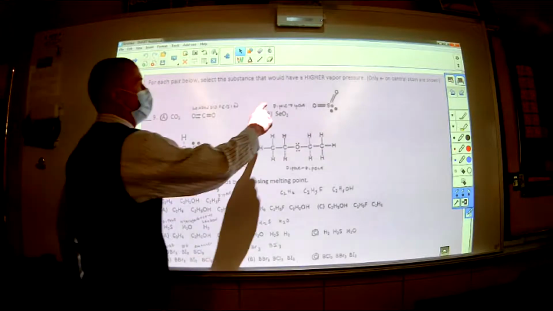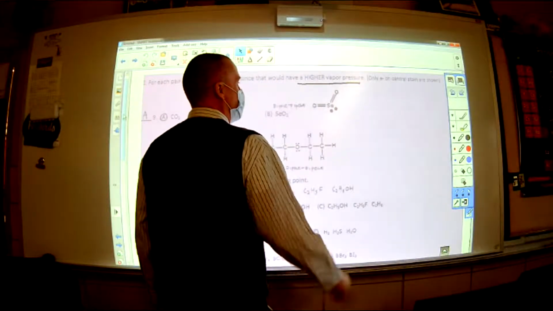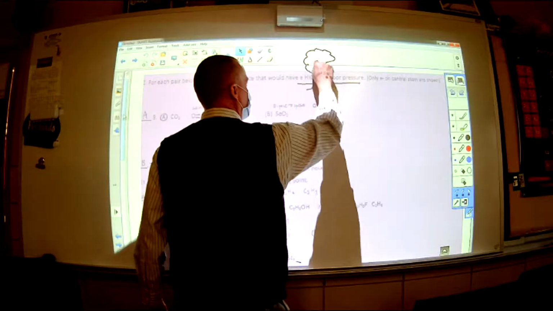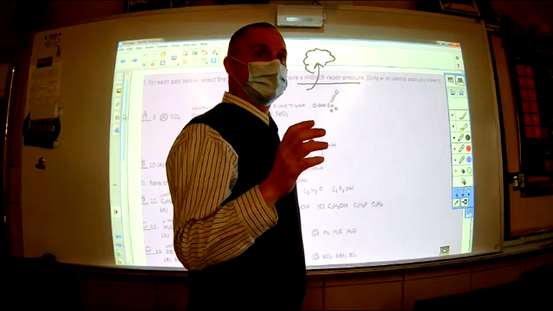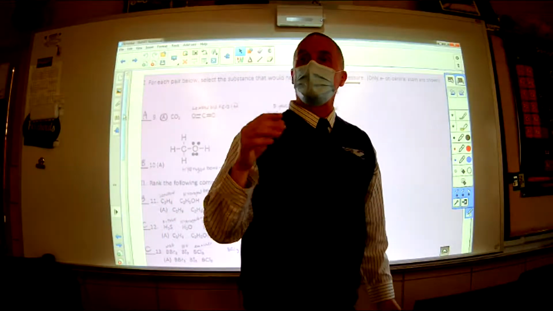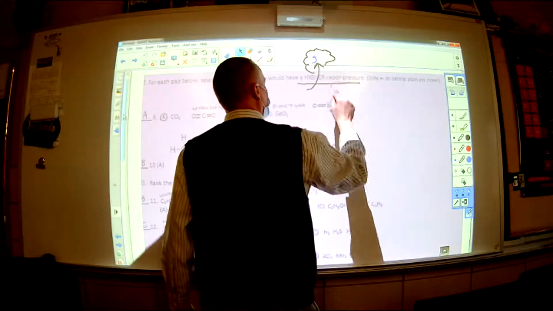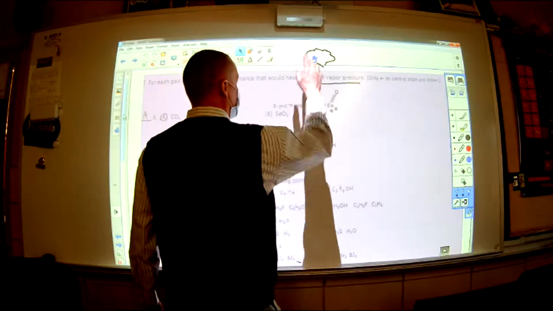Higher vapor pressure. That means we are looking for the one that goes to a vapor easy. So they're really saying which one goes to a vapor easy. Which one changes to a gas more easily? Which one goes from a liquid to a gas more easily?